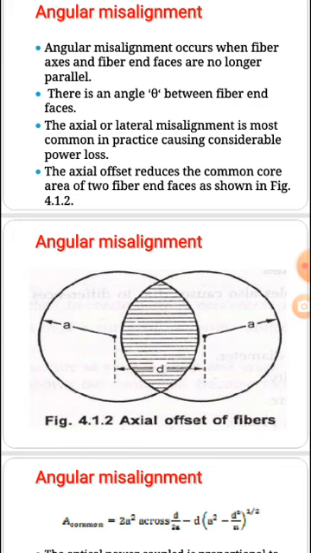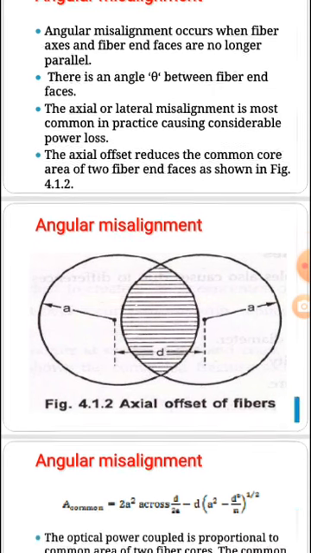And one more very important thing is that the emitting area and receiving area are both the same circles. The radius of these two fiber end faces is the same. By proper connectivity and proper splicing, the angular misalignment can be reduced.